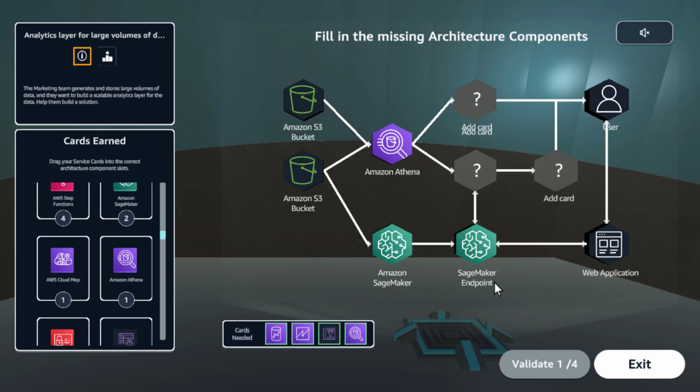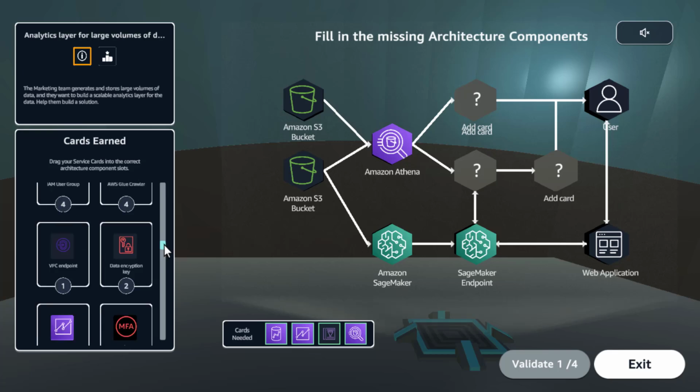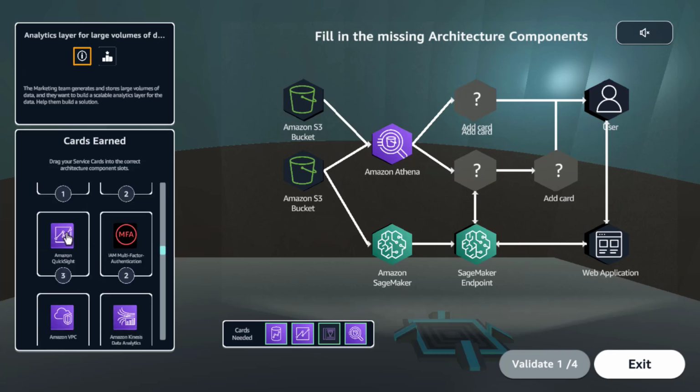Okay, we have a SageMaker endpoint. SageMaker endpoint. Okay, hold on. This is a little bit confusing, but let's see. Let's try to do without looking. QuickSight, right? QuickSight, you can, I guess, use it here.